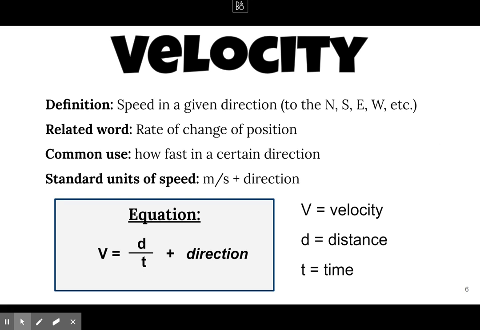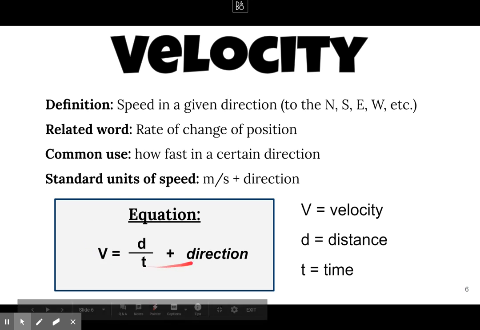And our standard units are meters per second plus having the direction. So if we take a look at our equation here, V stands for velocity, D stands for distance, T stands for time. So our equation is velocity equals distance divided by time, and then you also have a direction.